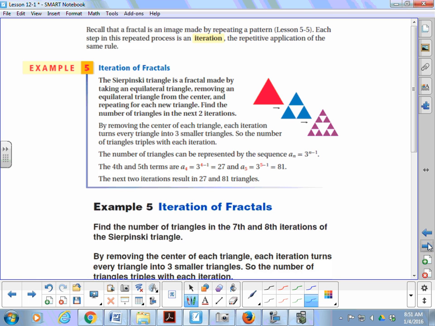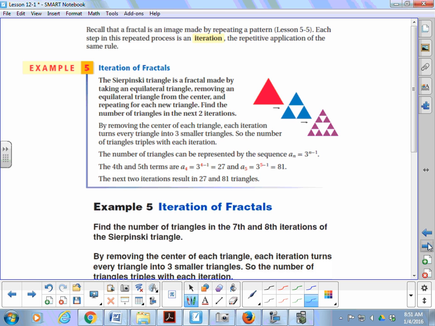So we can see that the Sierpinski triangle is a fractal made by taking an equilateral triangle, removing an equilateral triangle from the center, and repeating for each new triangle. So let's find the number of triangles in the next 2 iterations. So we take one out, we now have 3, right?